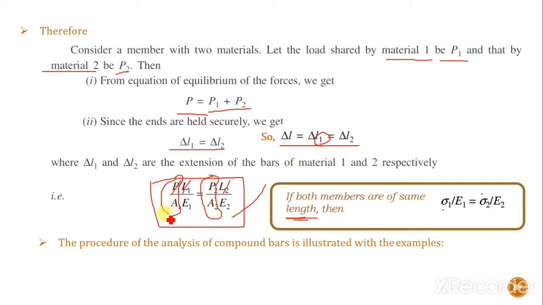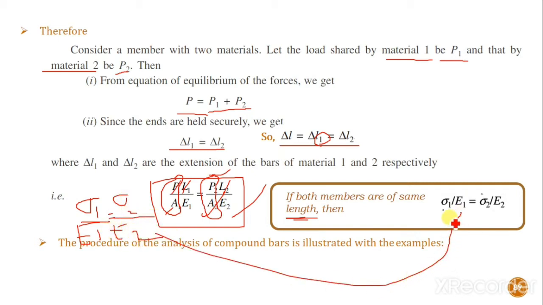Force acting on material 1 by cross-sectional area of material 1, force acting on material 2 divided by area of material 2. So what you get is P1 by A1, which is stress in material 1, divided by E1, which is equal to P2 by A2, nothing but force acting on material 2 by its area, so sigma 2 by E2. So that is what we wrote over here. Sigma 1 by E1 is equal to sigma 2 by E2. This happens only when the lengths L1 and L2 are the same.